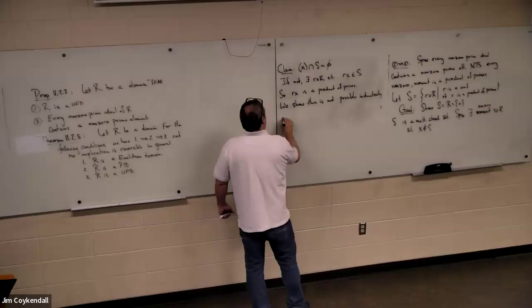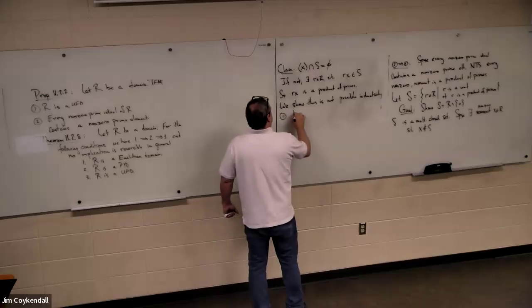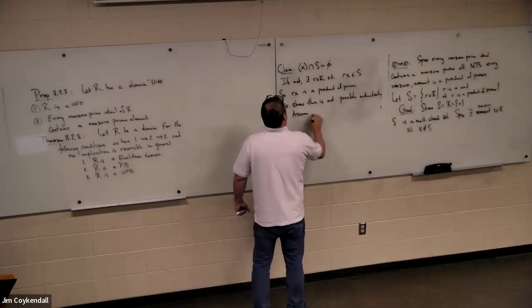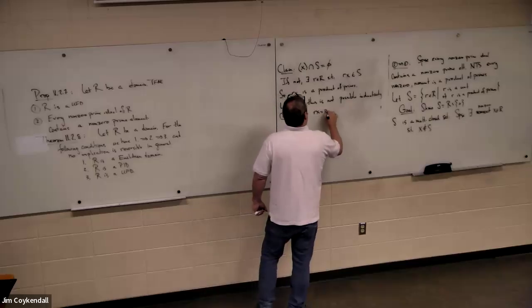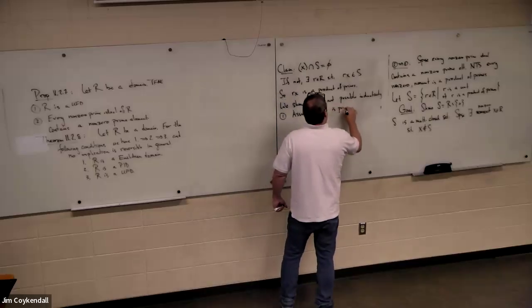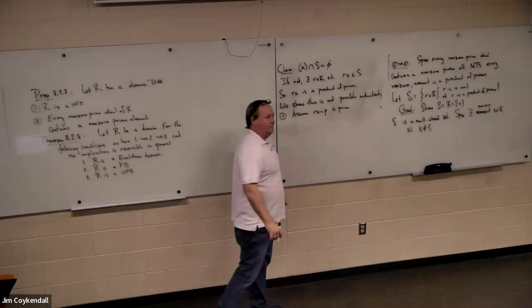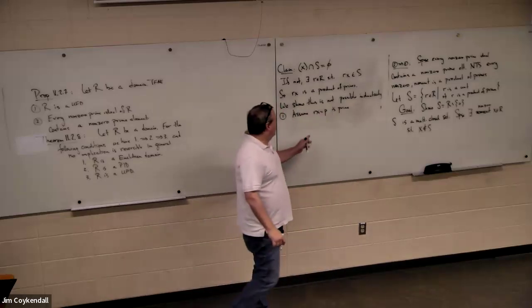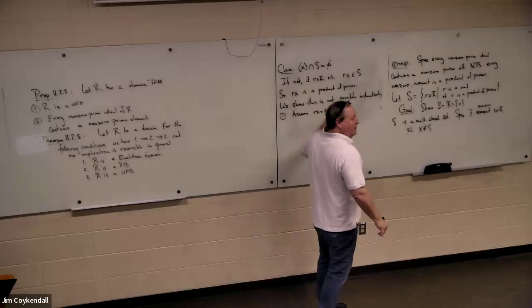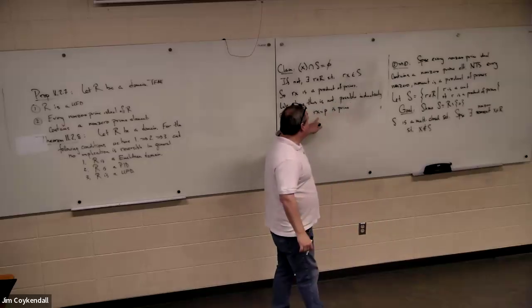So assume first that rx is a single prime p. Well, what does this mean? Well, p is a non-zero prime, so it's irreducible.